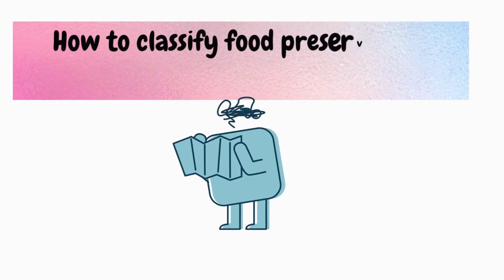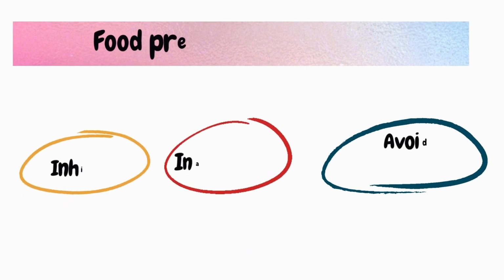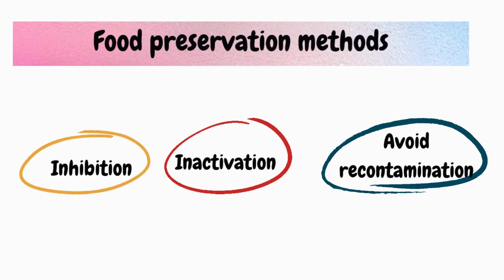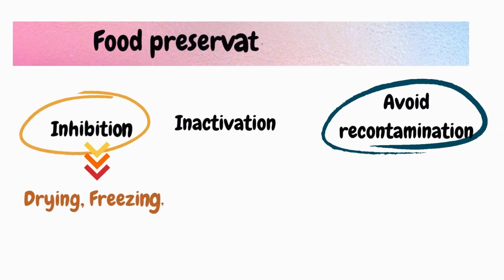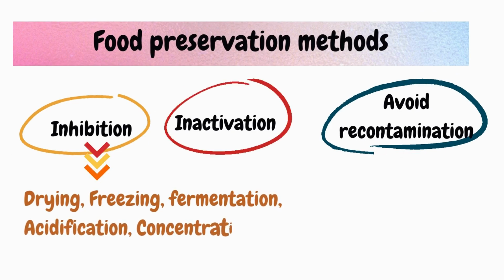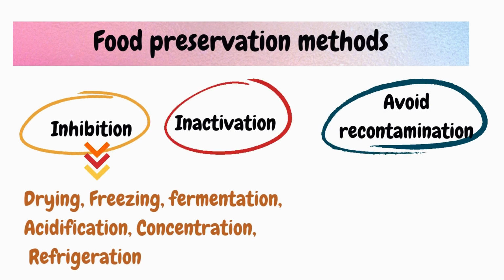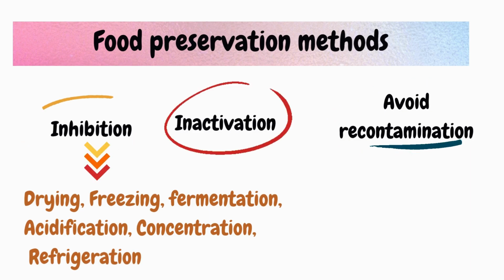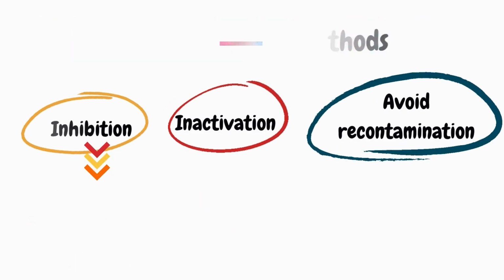Let's see how we can classify food preservation methods. Food preservation methods can be broadly classified as inhibition, inactivation and avoiding recontamination. Food preservation methods that slow down or inhibit the growth of spoilage and pathogenic microorganisms and other chemical deterioration include drying, freezing, fermentation, acidification, concentration, refrigeration-like methods.